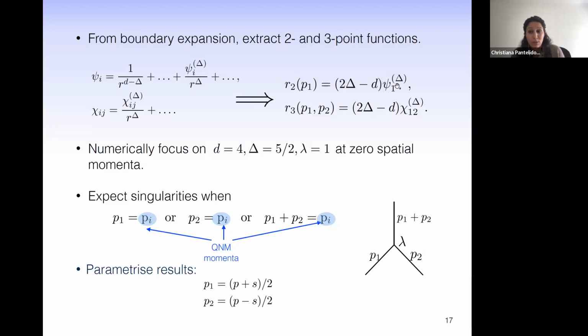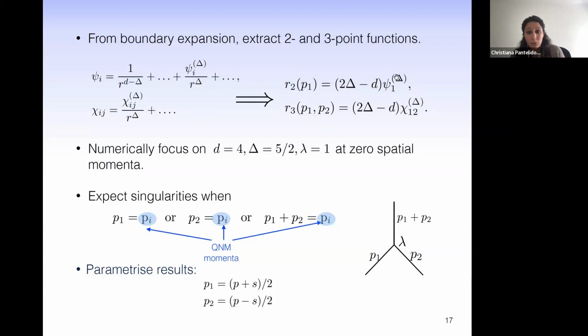The two are equal to each other. And the retarded 3-point function is now related to the vev of the field chi1,2. So this is precisely the calculation we did. We solved for this field subject to these boundary conditions, and we extracted these vevs.